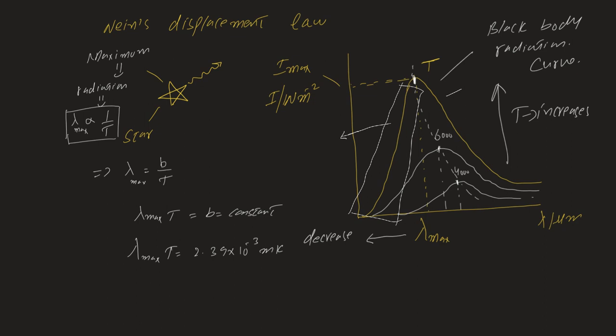So this was the experimental value, the data of intensity plotted against wavelength. It was later on explained by Max Planck.